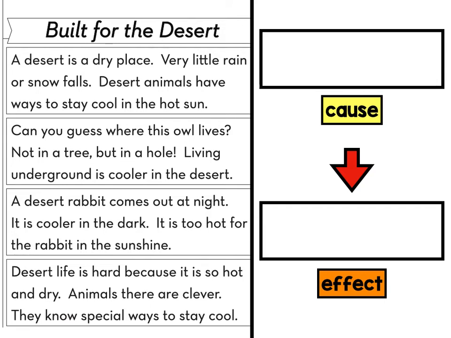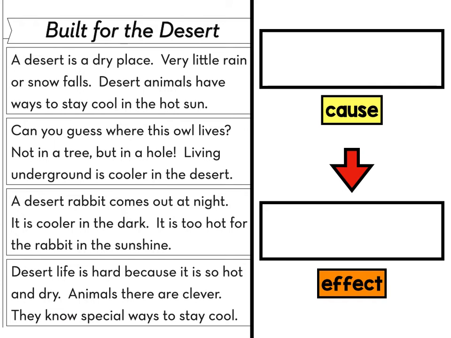I bet that I can find a cause and an effect in all 4 paragraphs here. Do you think I can do it? Let's see. I'm going to read the first paragraph again. A desert is a dry place. Very little rain or snow falls. Desert animals have ways to stay cool in the hot sun.